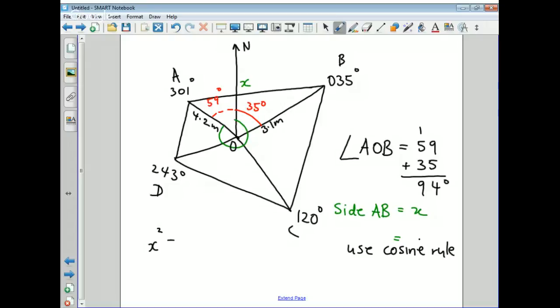X squared is going to be equal to 4.2 squared plus 3.1 squared minus 2 times 4.2 times 3.1 times cos 94 degrees. Okay? I'll leave that for you to work out.